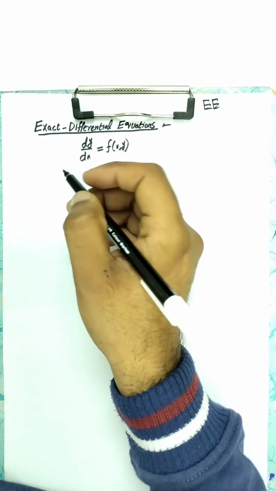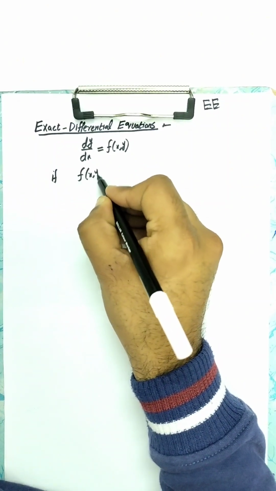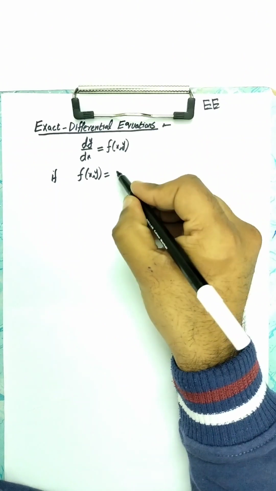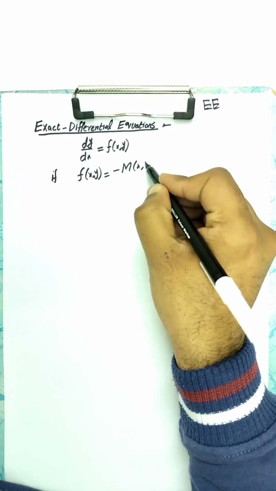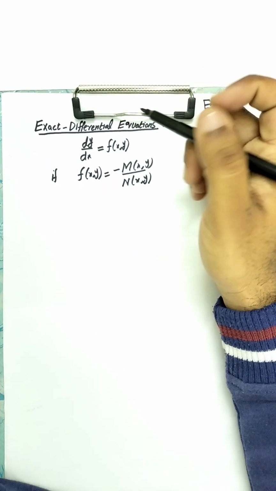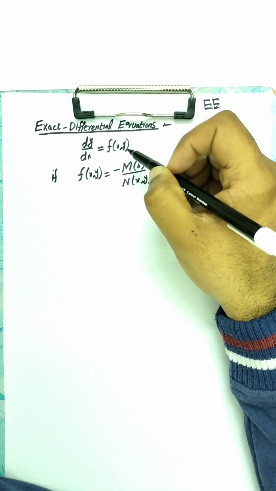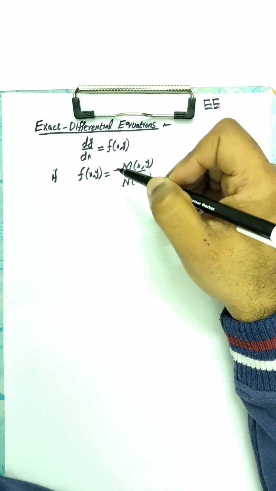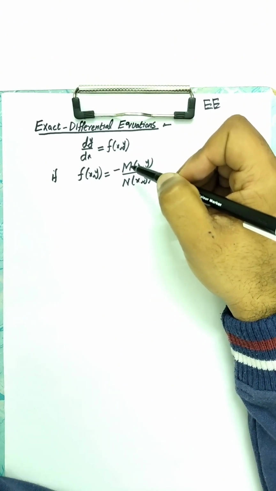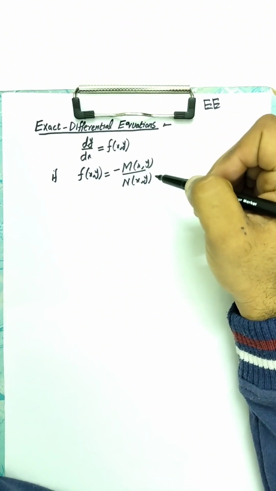If we write f of xy as M, a function of xy, over N, a function of xy, then we break or write this function f of xy as M over N, where M is also a function of xy and N is also a function of xy.